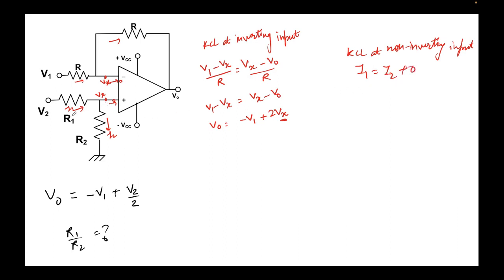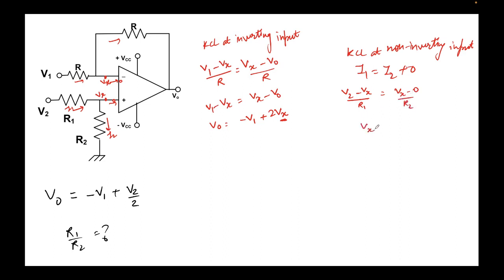The value of I1 I can calculate using Ohm's law across this resistor. I'll write V2 minus Vx upon R1. This should be equal to I2. I2 is, if I apply Ohm's law across this resistor, Vx minus 0 upon R2.